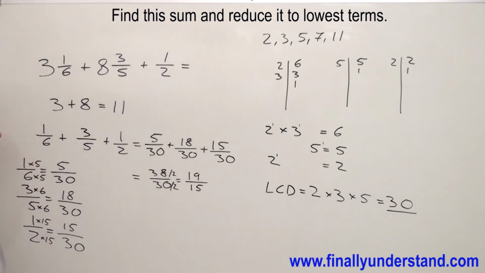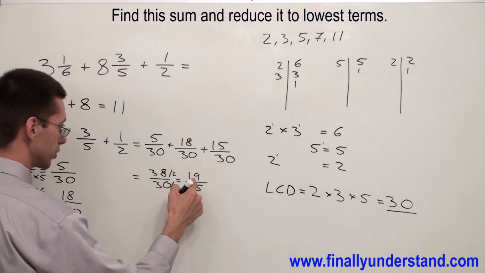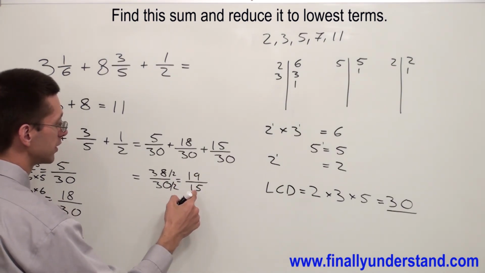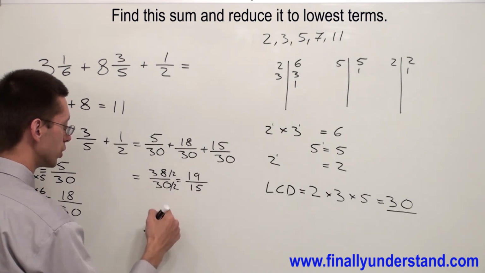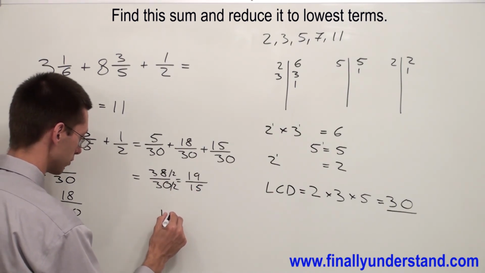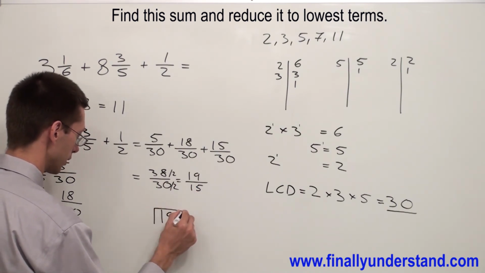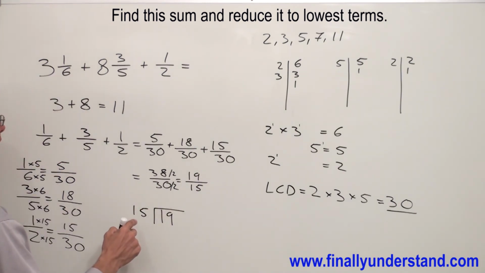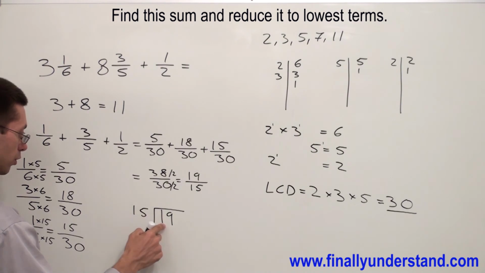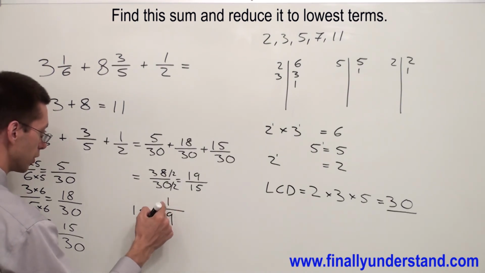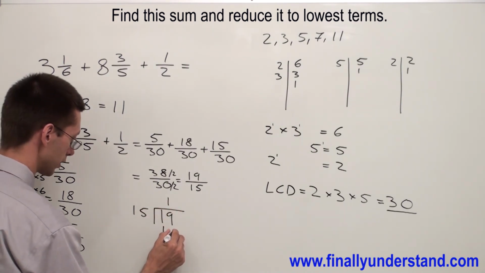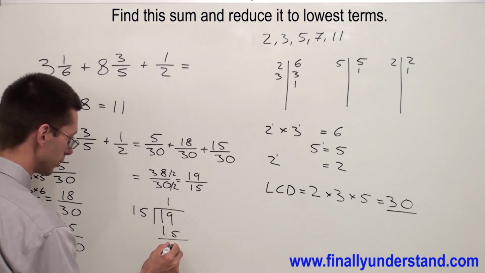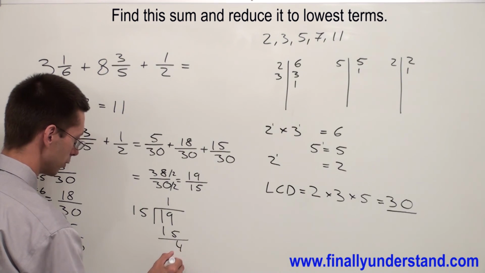Now this is still improper fraction, so I have to check how many times 15 goes into 19. So I have 19 and I have 15 over here. So 15 goes into 19 once. 1 times 15 gives me 15. 19 minus 15 is equal 4.